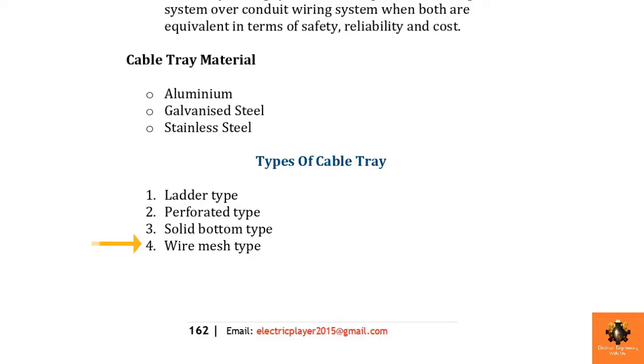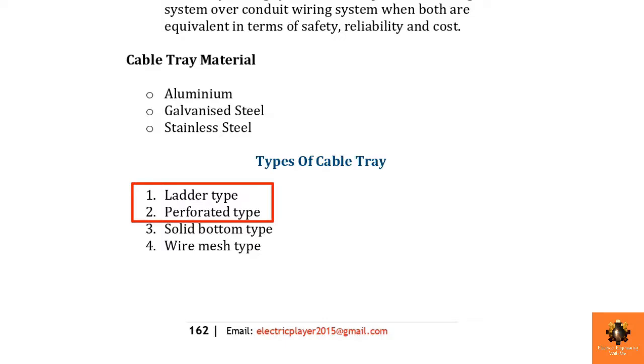As an engineer, we have to choose the type of cable tray based on the site situation and the environment. Clear? But I can say that the ladder type and perforated cable tray are the most popular in low voltage designing. So here we have to discuss each one by one.